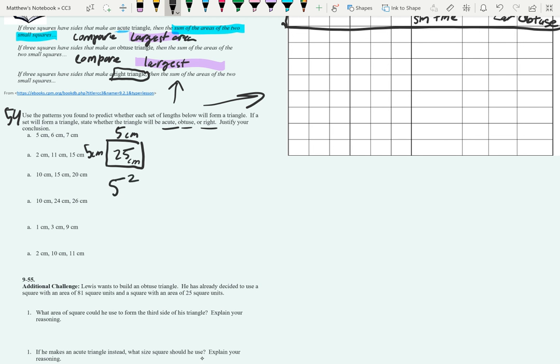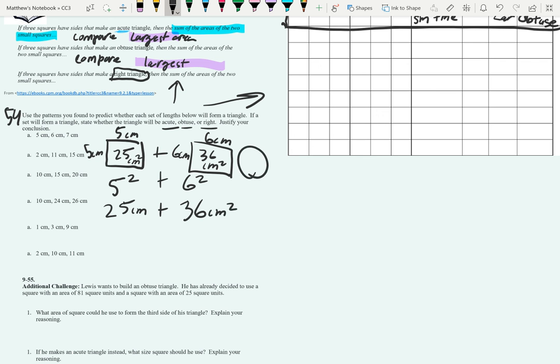And it's the same thing as 5 squared. So 25 centimeters plus the area of the second smallest side length, which would be 6 centimeters. And again, if we square this, it's going to give us 36 centimeters squared. So 6 squared is going to give us 36 centimeters squared.